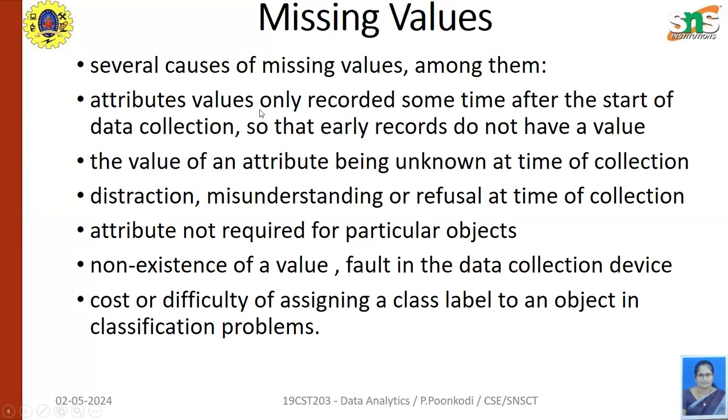The first is that attribute values are only recorded some time after the start of data collection, or the attributes are unknown at the time of collection, or there is some distraction, misunderstanding or refusal at the time of collection. Also, the attributes may not be required for a particular object, or values are non-existent, or there is a fault in the data collection device or the method used to collect the detail, or there is cost or difficulty in assigning class labels. So these are some of the cases in which missing values may arise.